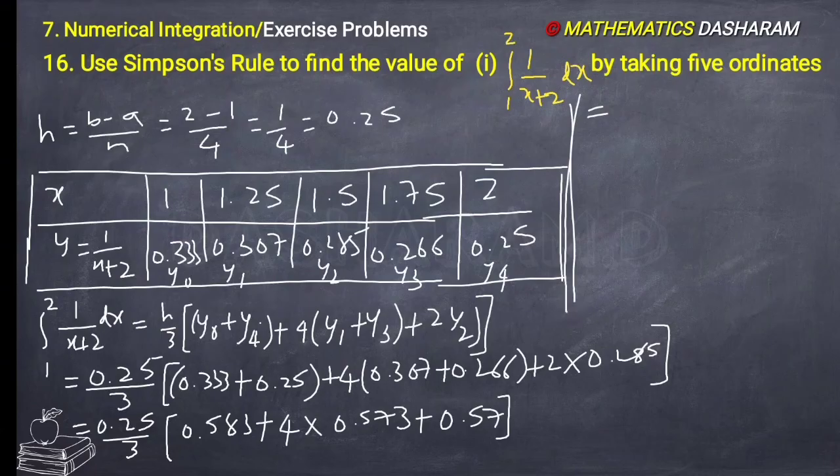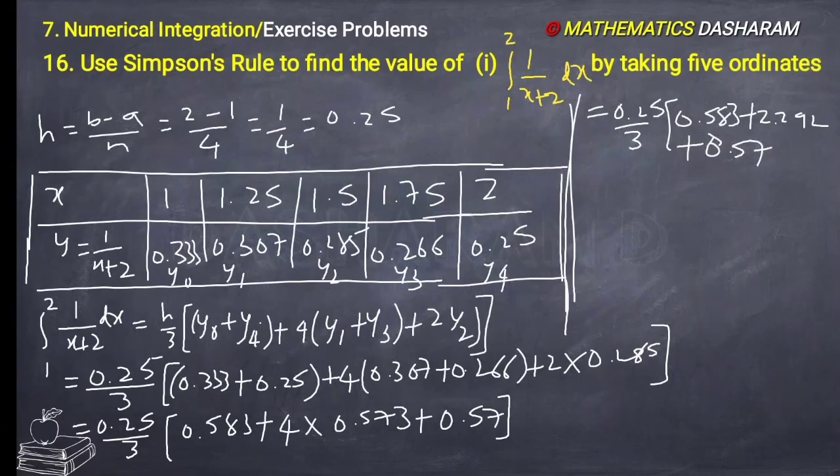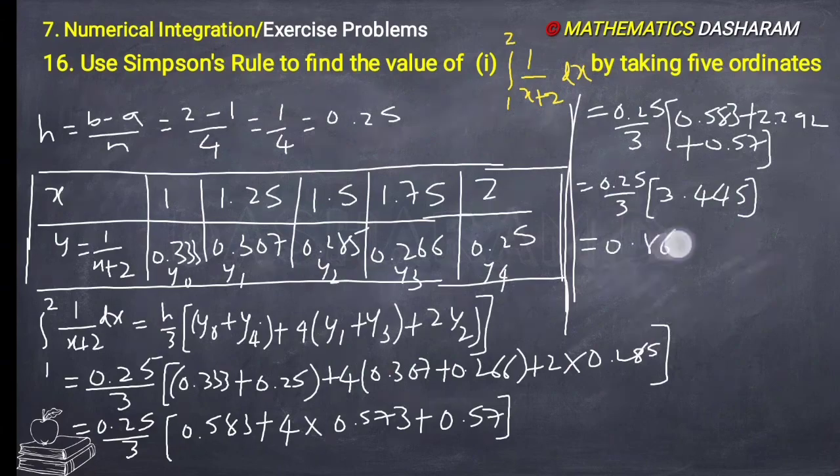It equals 0.25 divided by 3 bracket of 0.583 plus 4 into 0.573, which is 2.292, plus 0.57. The addition of these three decimal numbers is 3.445, and 0.25 into 3.445 is 0.86125 divided by 3. So it equals 0.287, which is our required answer.